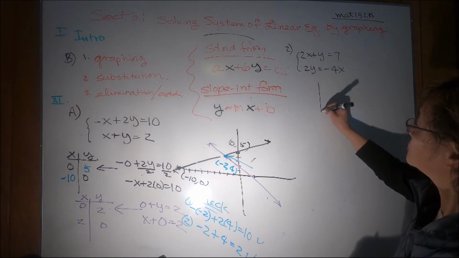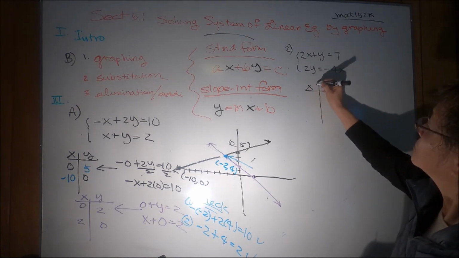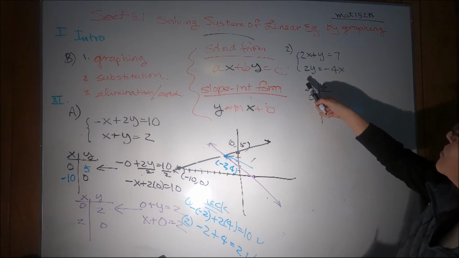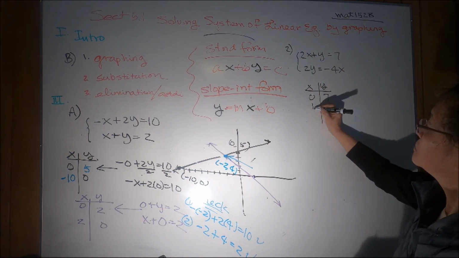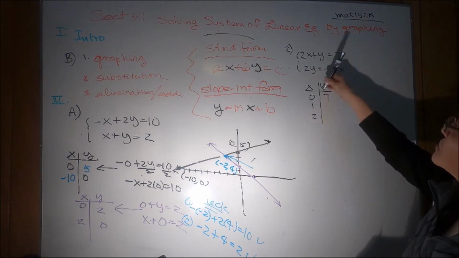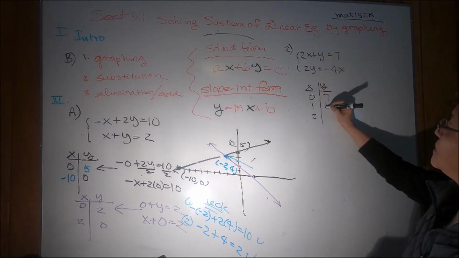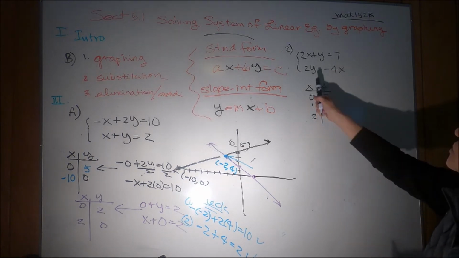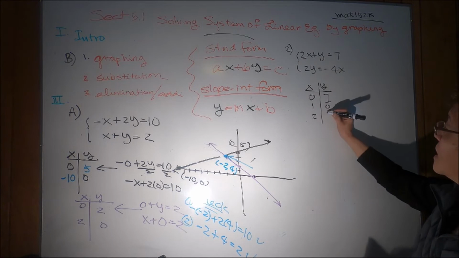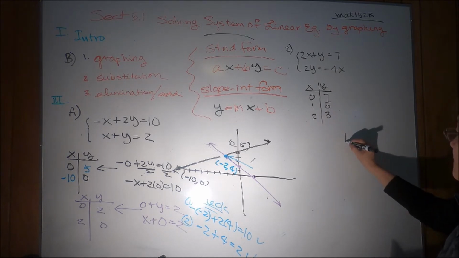So for the first one, x and y, x is 0, you plug in 2 times 0, 0, so y is 7, right? We just find a few points. X is 1, 2, then y will be 5, right? X is 2, you plug in, that's 4, so y will be 3.